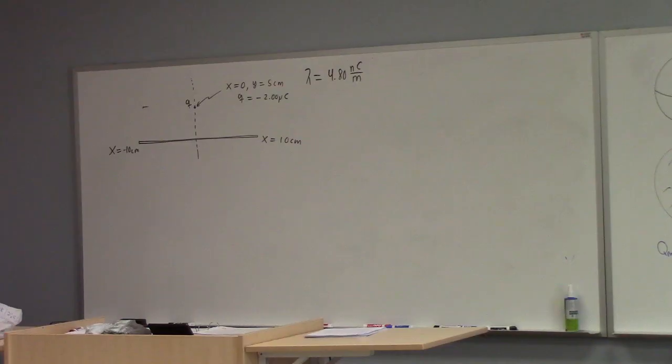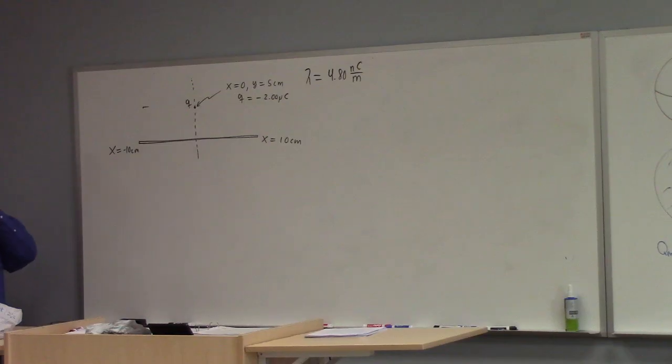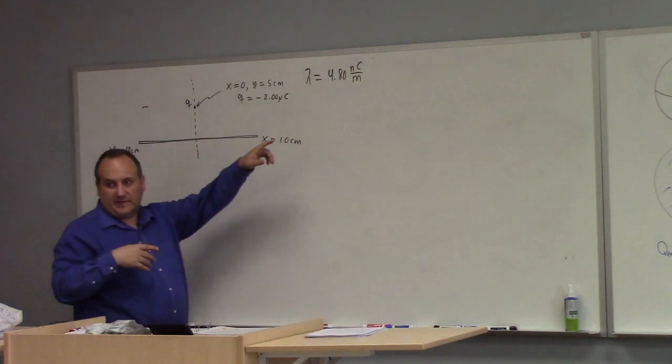Would the line of charge be straight down? Well, the line of charge is given to be horizontal. Oh, wait. Yeah. So that's a negative charge, right? So it's attractive because this is a positive charge per unit length, right?